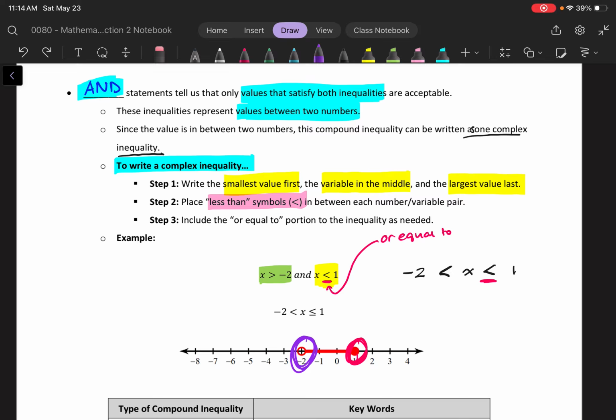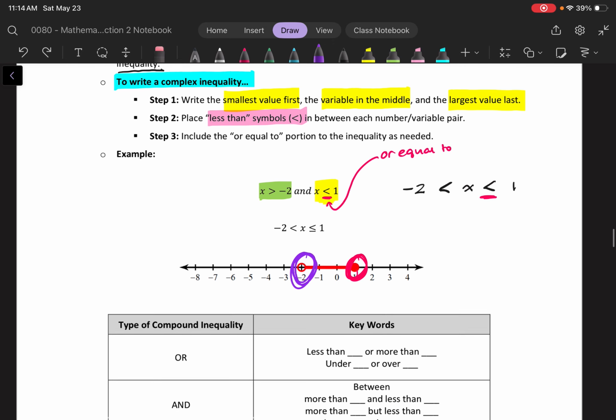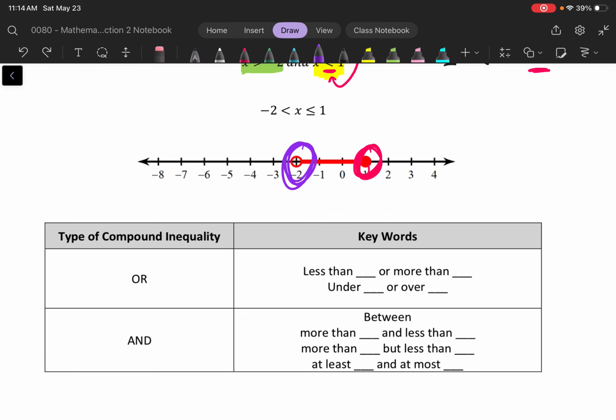And then there's and statements. And and statements means I want both inequalities, the answers that I'm interested in, to both be satisfied at the same exact time. Now, we are going to talk about some key words before we jump into the practice of the graphing things on the next page.